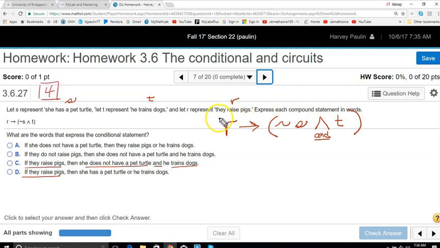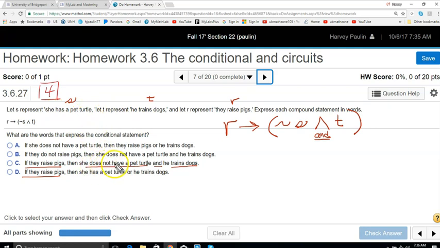So looking at this, for R, they raise pigs. So if they raise pigs, we'll have a choice of C or D. These are not in the proper order. Then, that's good. That would be the arrow. And then now we're negating the S. She has a pet turtle.